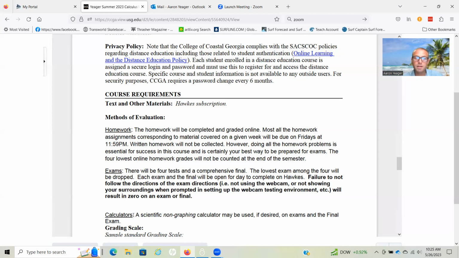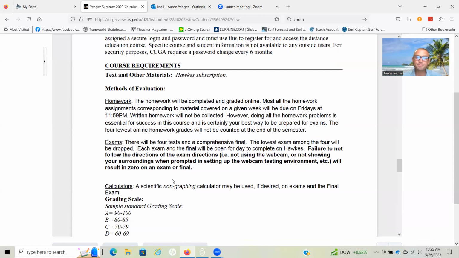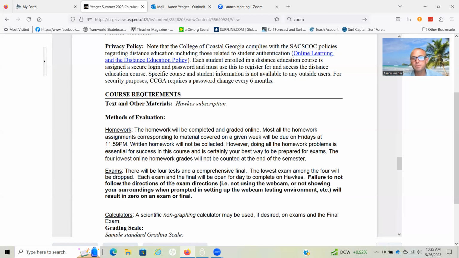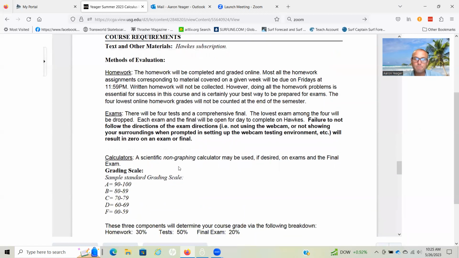You can also have a 3-inch by 5-inch note card with formulas on it. On each exam you'll have 2 attempts, and the best of the 2 is taken. The exams are open for a whole day, and it doesn't matter what time during the day you take it.